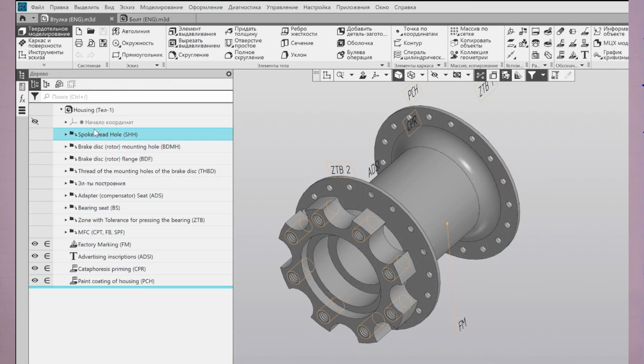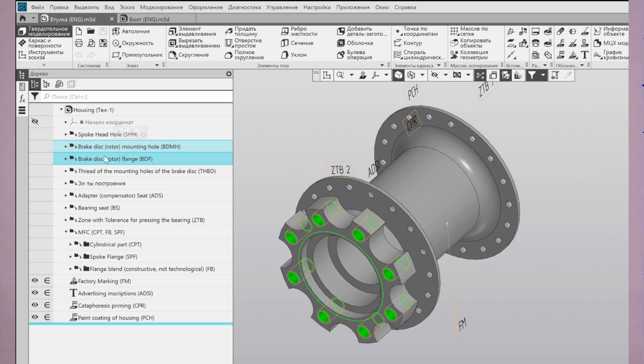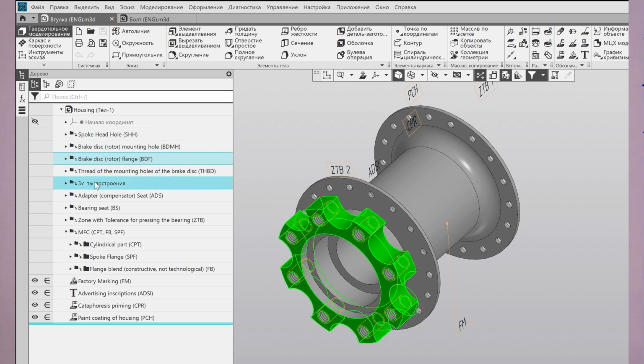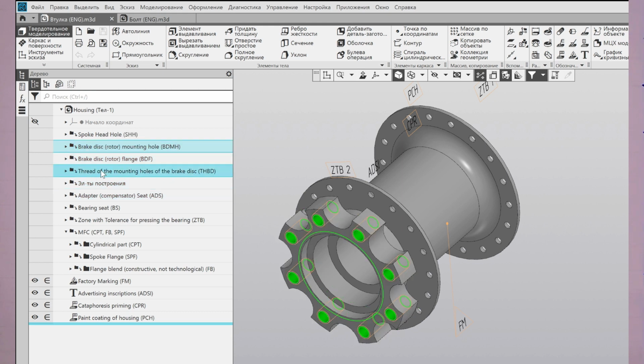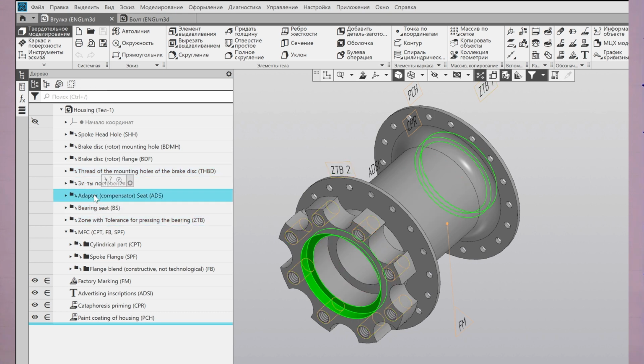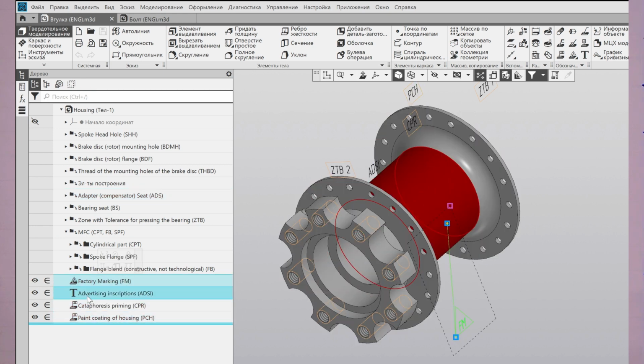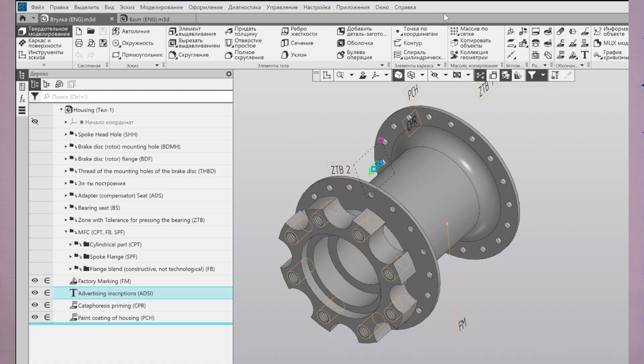The housing of the front wheel bushing includes cylindrical part, flange blend, constructive, non-technological, spoke flange, spoke head hole, brake disc rotor flange, brake disc mounting hole, thread of mounting holes of brake disc, bearing seat, zone with tolerance for pressing the bearing, adapter seat, cataphoresis priming, paint coating, factory marking, and adverse encryptions.